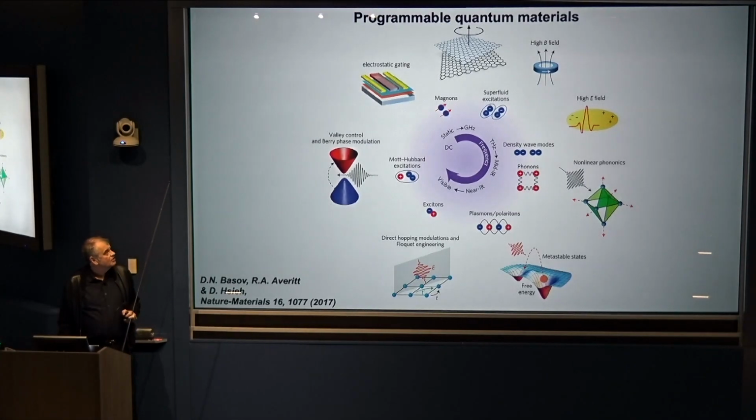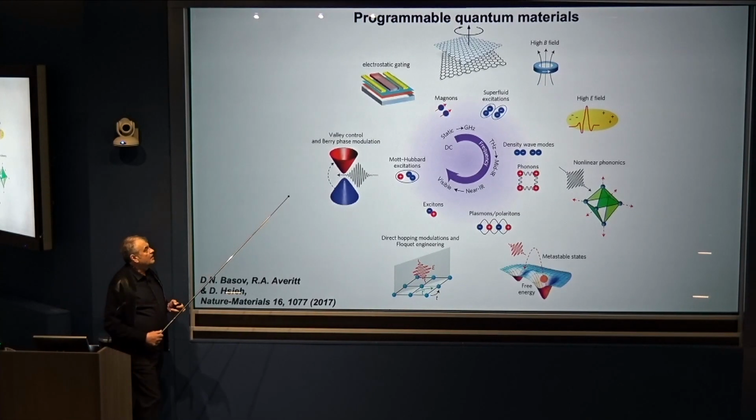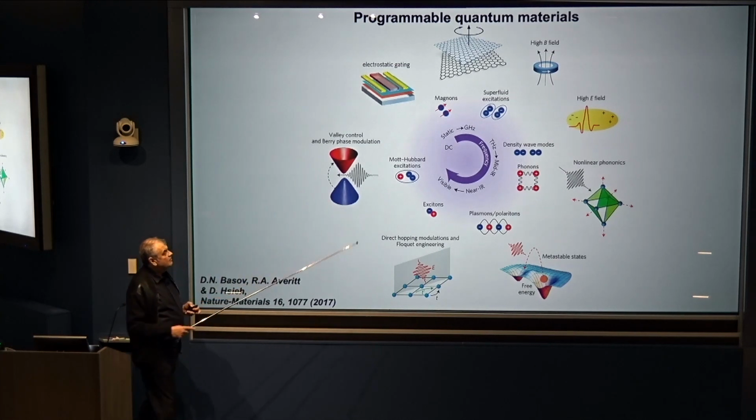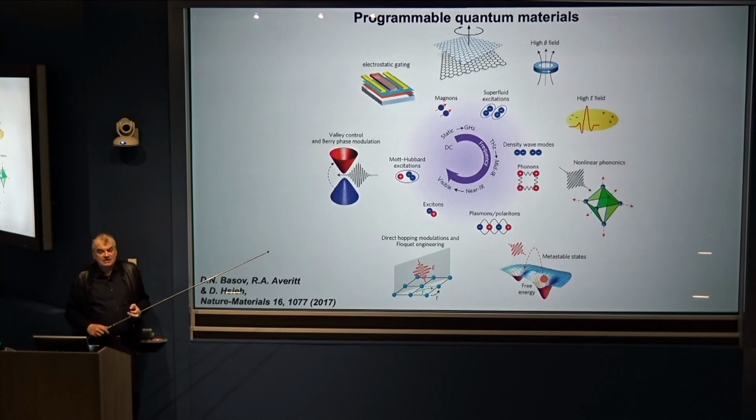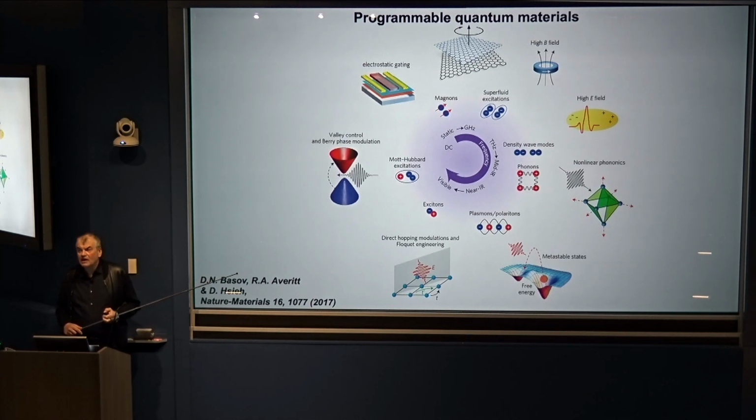programmable quantum materials, that's the term we like to use at Columbia. And I'll give you a one-slide introduction to this. For me, this slide is about how lucky we are in condensed matter physics.